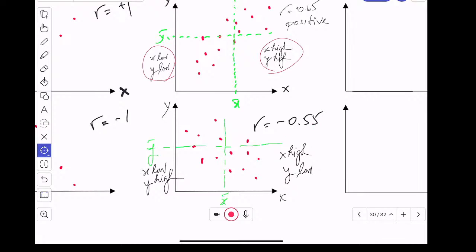So it's this relationship that x behaves opposite to how y behaves that illustrates the negative relationship. This is a negative relationship. It's not perfect. It's not perfect. That's why it's not -1, but it's -0.55.